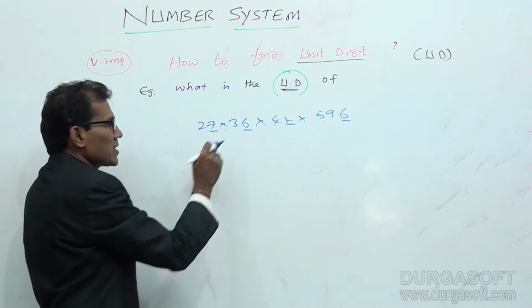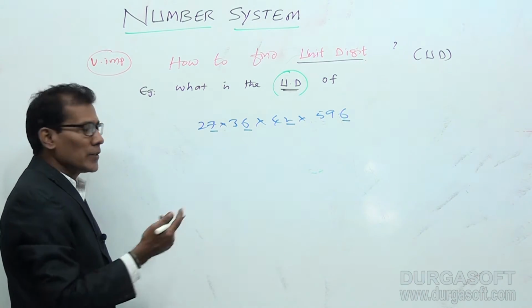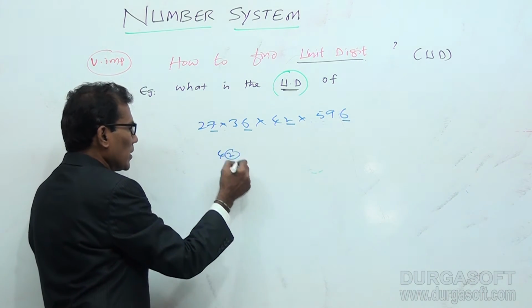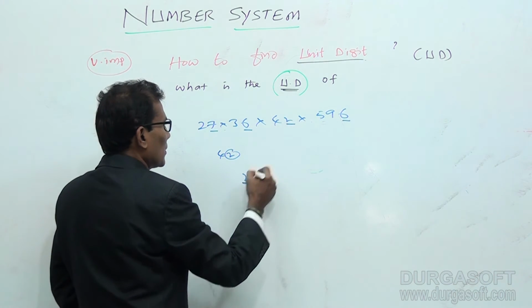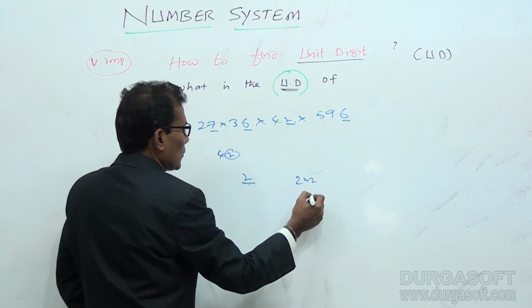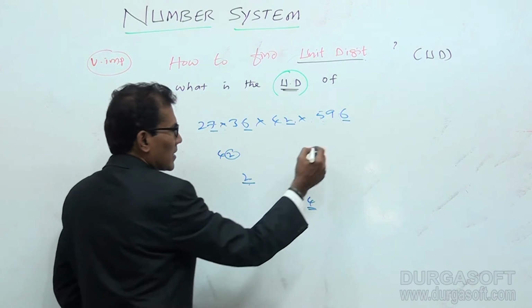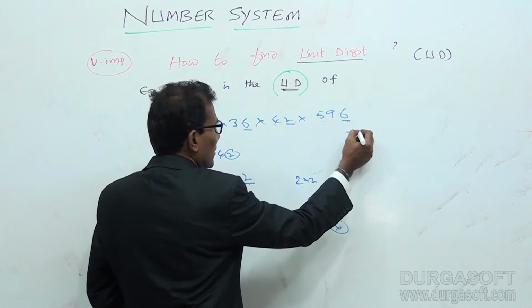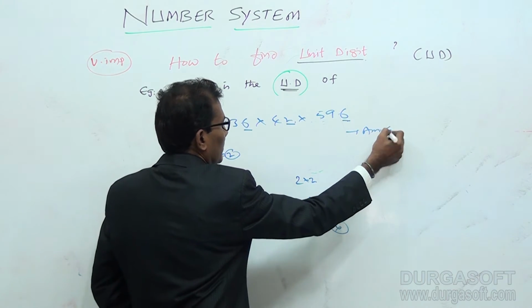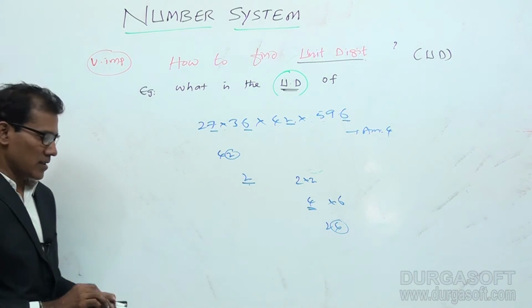First 7 6s are 42. In 42 we take only the unit digit 2, and again multiply. 2 into 2 is 4, it is a unit digit, and multiply this by 6, 4 6s are 24, so 4 is going to be your answer. We find a unit digit like this.